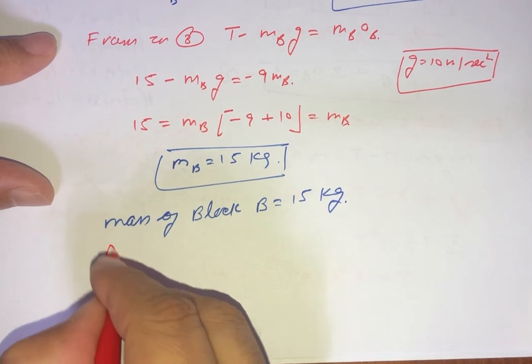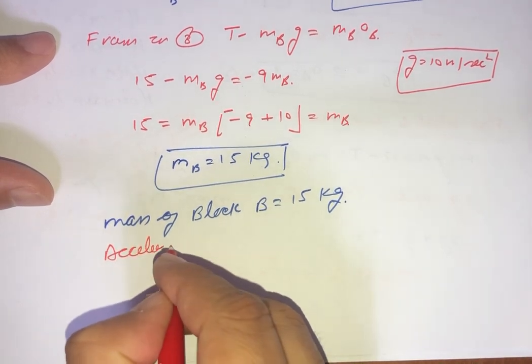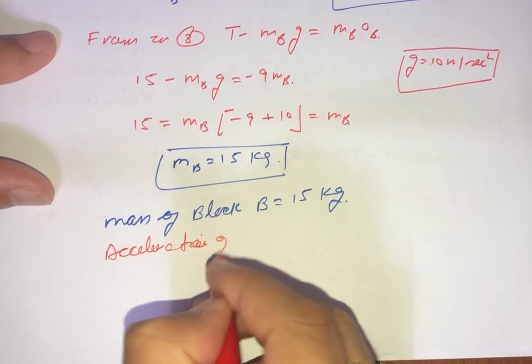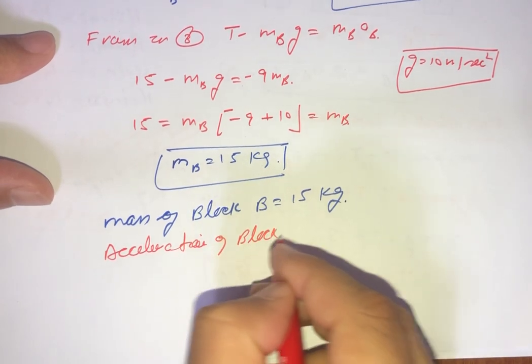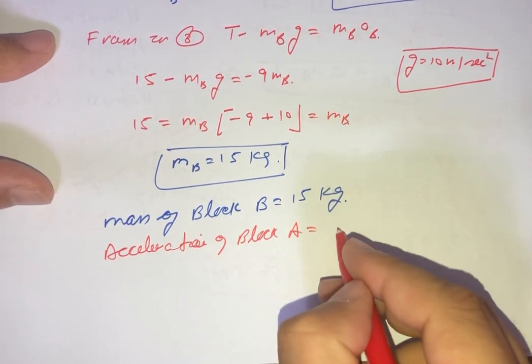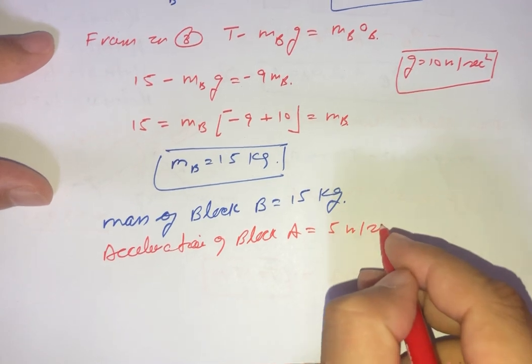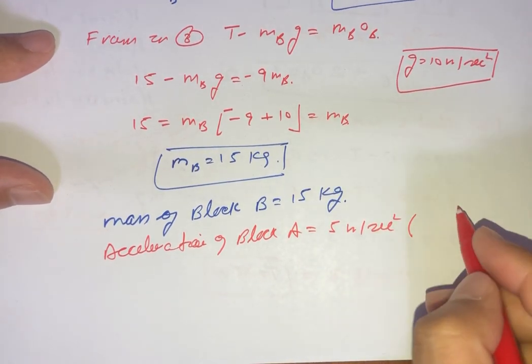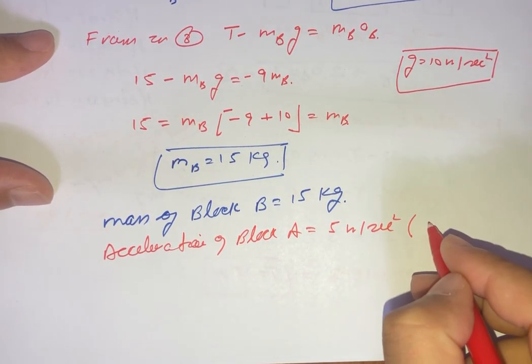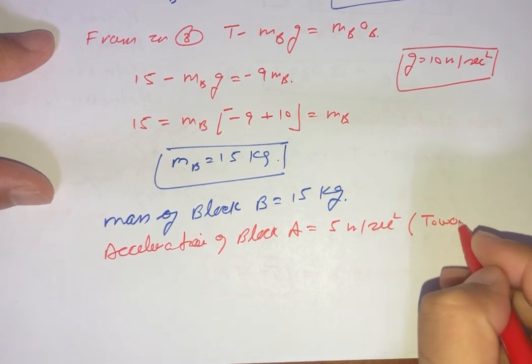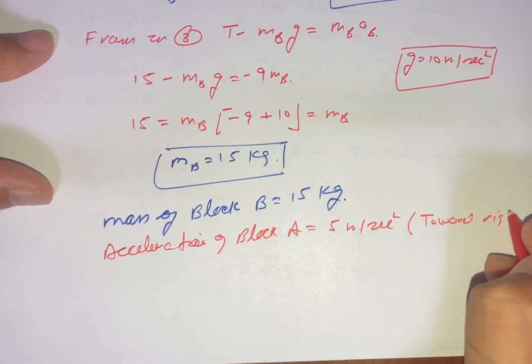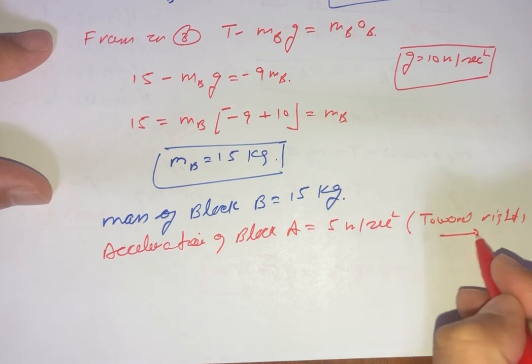Acceleration of block A is given as 5 meter per second square, and it is towards right, in this direction.